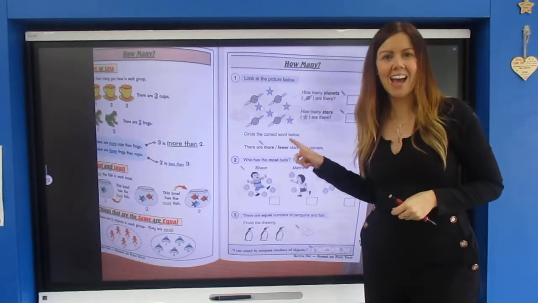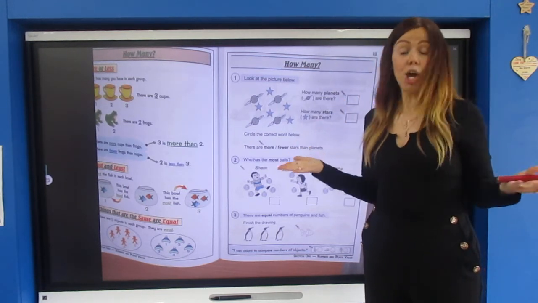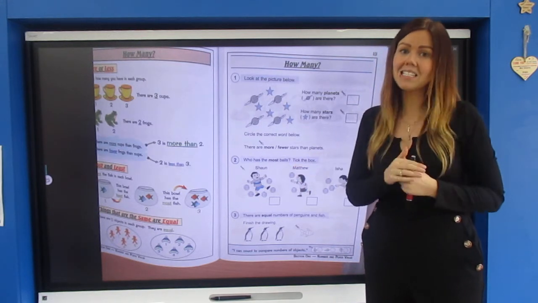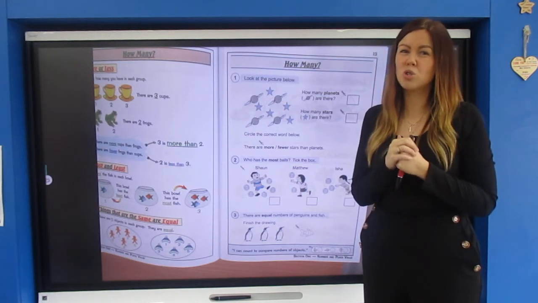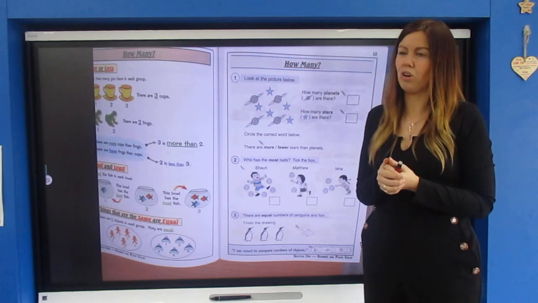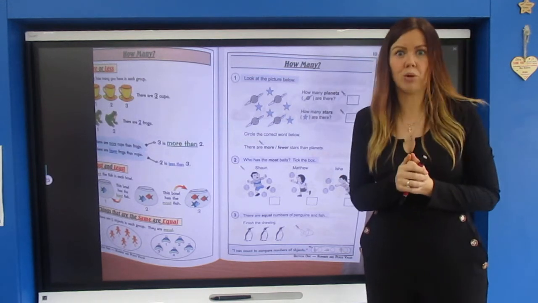But please try and have a go at reading the questions. It's okay if you can't read them all by yourself. That's absolutely fine. But please have a go at trying to read them yourself, because sometimes, even in maths, we have to do reading. And I know that's difficult, but it's really important.